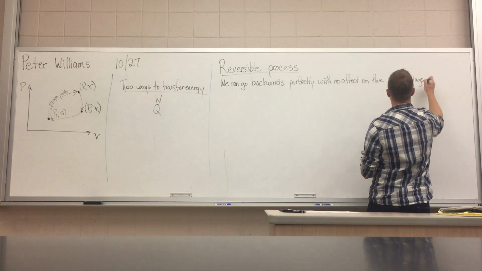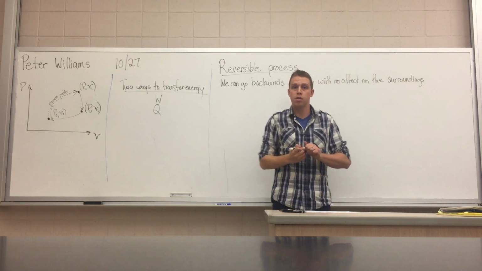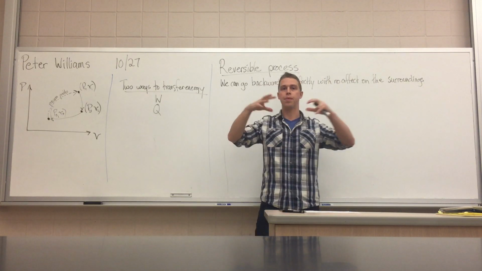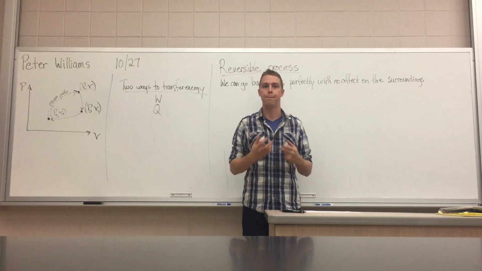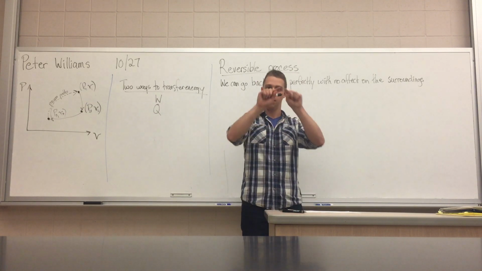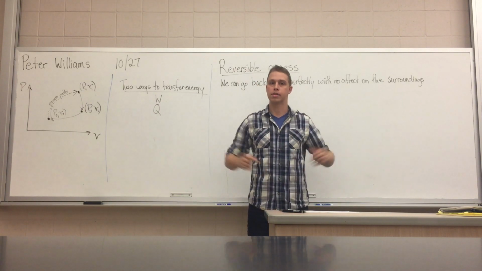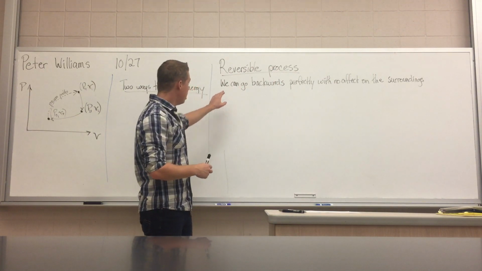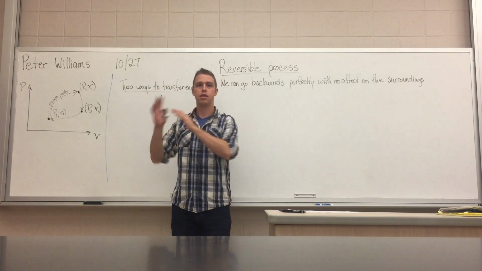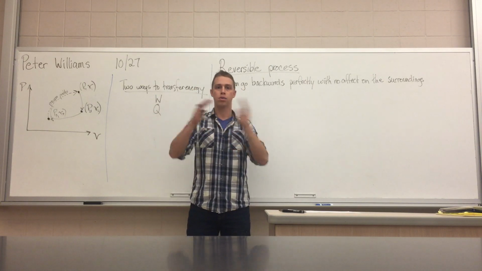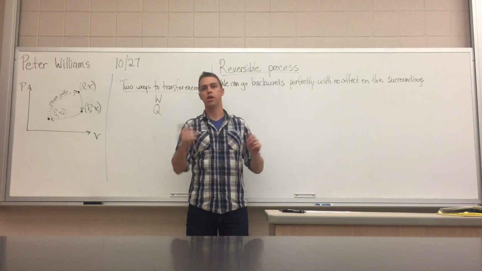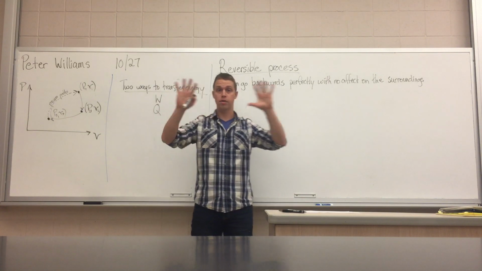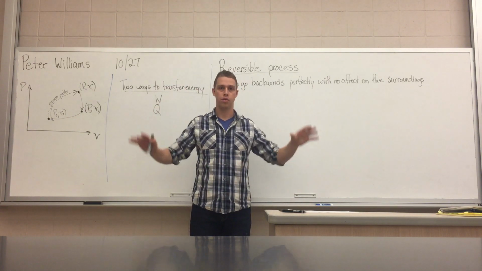To refresh your memory on what the surroundings are, those are defined as everything on the outside of the system boundary. We have a system, its boundary, and the surroundings outside of it, all right? So, if we have a process that we're able to go forwards and backwards, transfer one way, transfer the other way, and surroundings does not know or care that we're doing that.